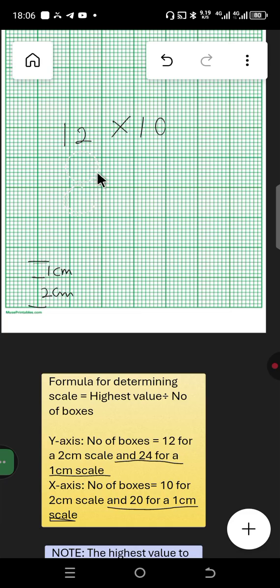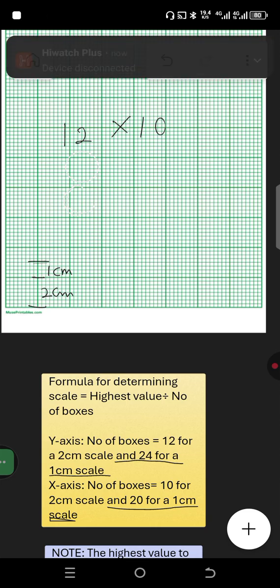One big square like this. Now for your x-axis, we have 10. Remember that we said a typical graph has 12 boxes of 2 centimeters width along your y-axis and 10 boxes of 2 centimeters width along your x-axis.